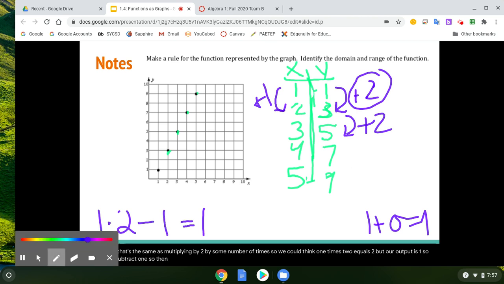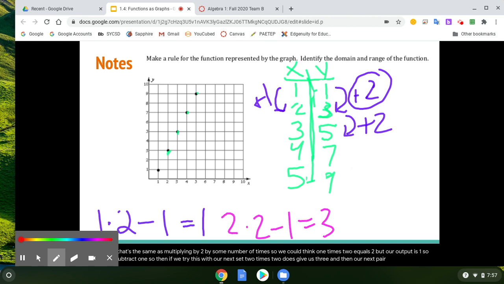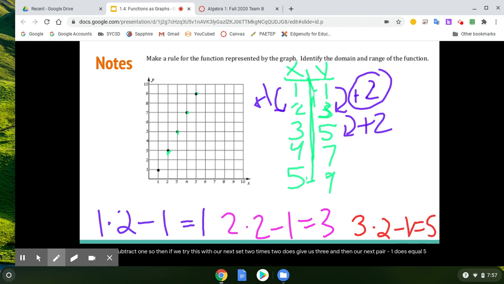So then if we try this with our next set, 2 times 2 minus 1 does give us 3. And then our next pair, 3 times 2 minus 1 does equal 5. And as we can see, that works for the rest of them.